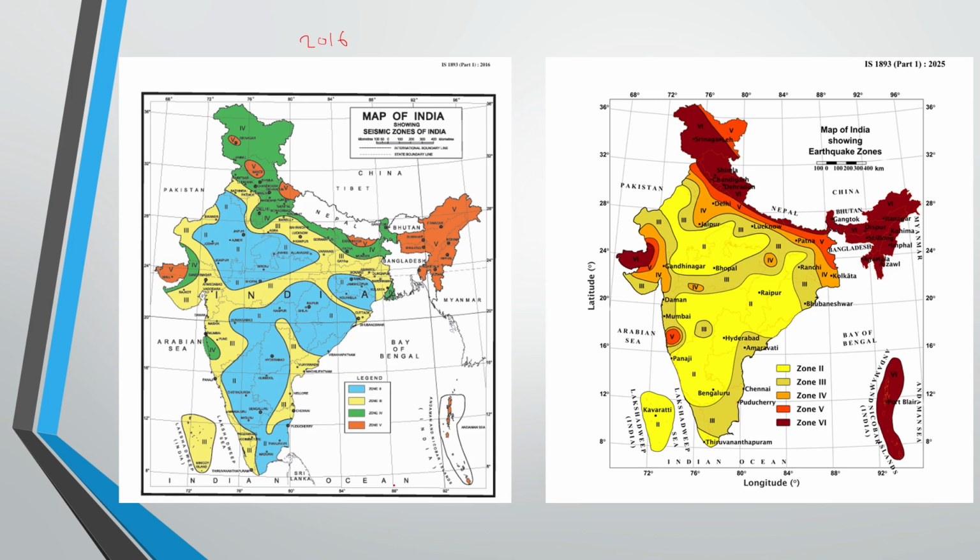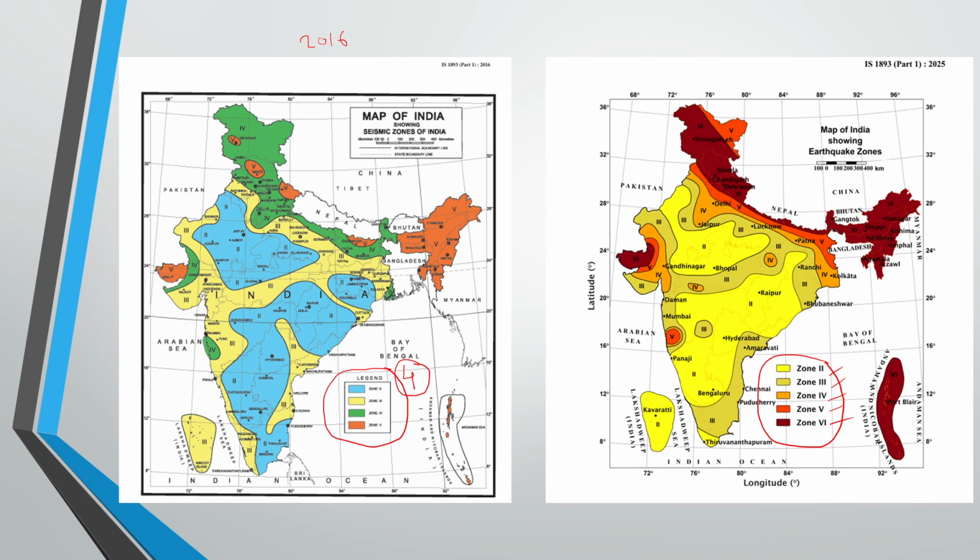Okay, so here you can see in 2016 there were four zones, or India was divided into four zones. Now if you see, this is IS 1893 2025. So the number of zones has now changed to 5.